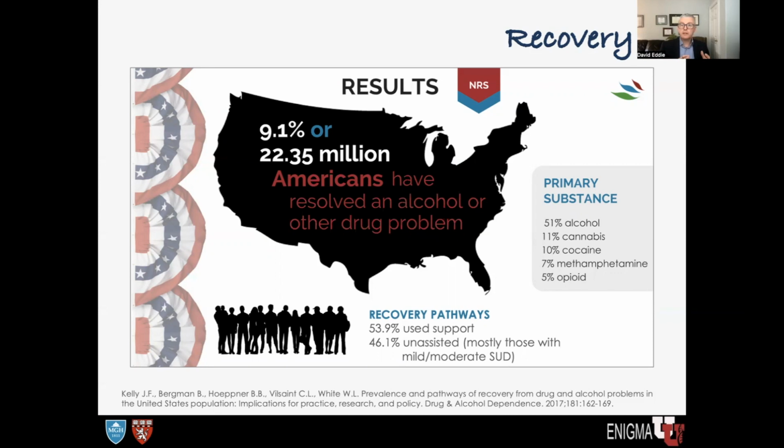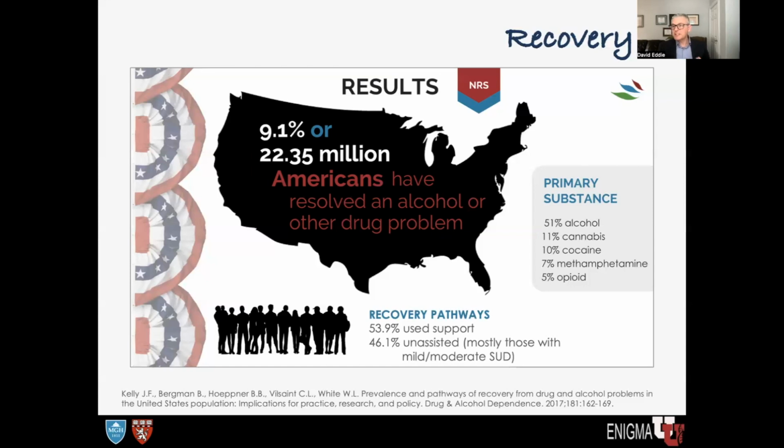And we found that about 9% of the United States population endorse having resolved a significant alcohol or other drug problem. Now, these folks may or may not have had a substance use disorder. They might not have met the diagnostic bar for an SUD, but these were people who did self-identify as having a significant problem.